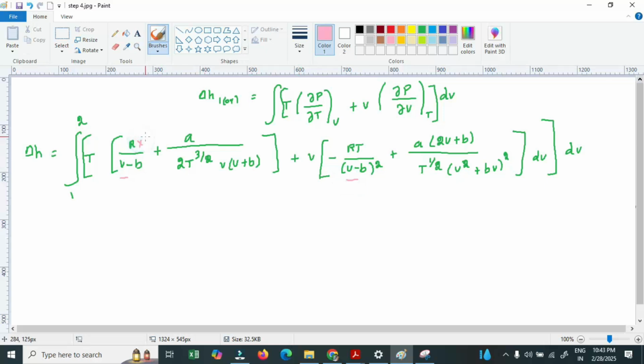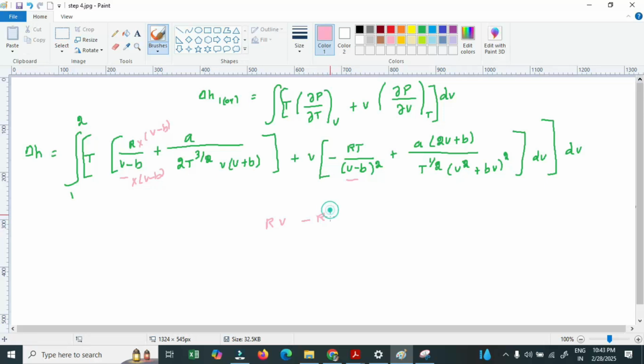I'll be doing that term separately, then I'll be combining the entire thing. Just look here. What I'm doing is RV minus RB divided by V minus B power 2.